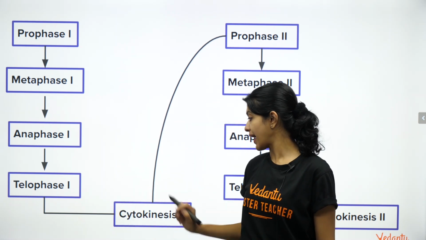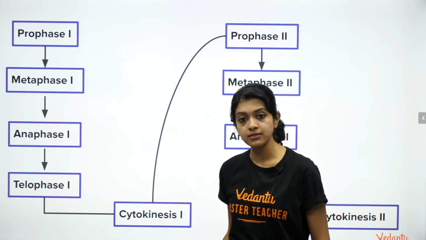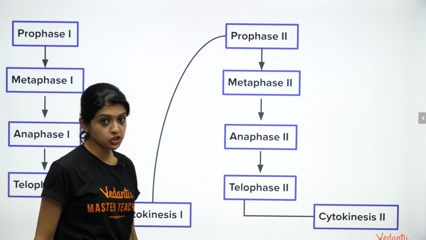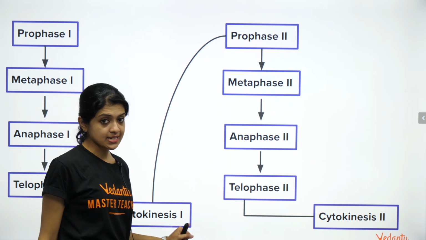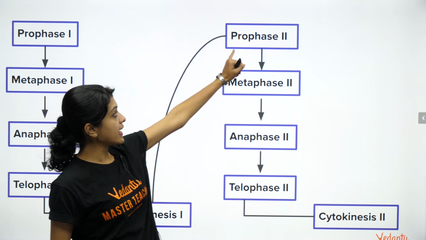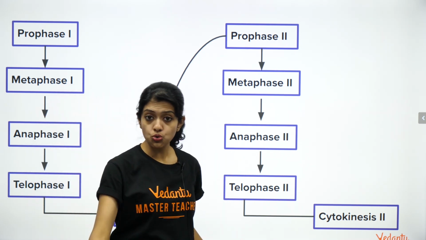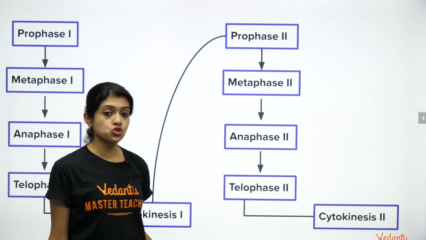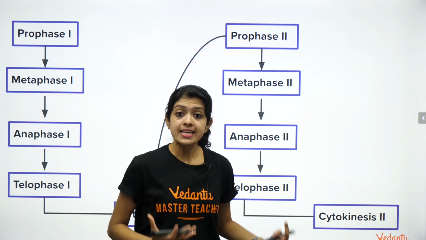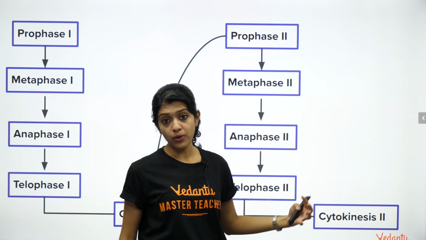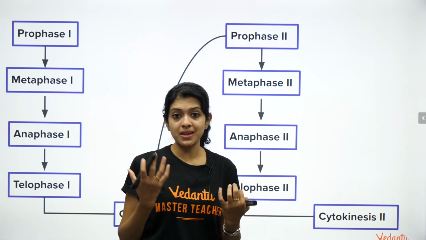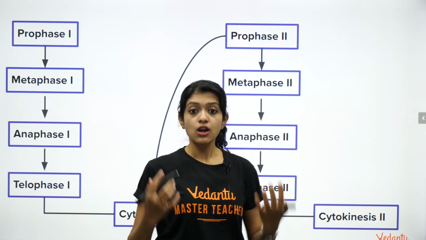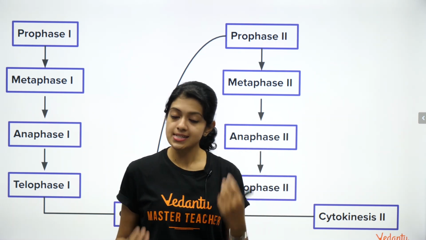This is followed by cytokinesis 1, following which the two daughter cells resulting from this individually enter into prophase 2, followed by metaphase 2, anaphase 2, telophase 2, and eventually cytokinesis 2, which would give you the ultimate end result, which is 4 daughter haploid cells.